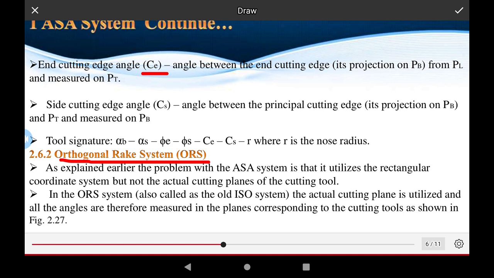The orthogonal rake system, also called the old Indian Standard Organization system, uses the actual cutting plane, and all the angles are measured in the planes corresponding to the cutting tool, as shown in the drawing.